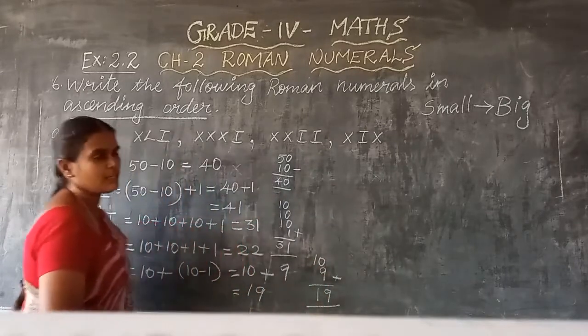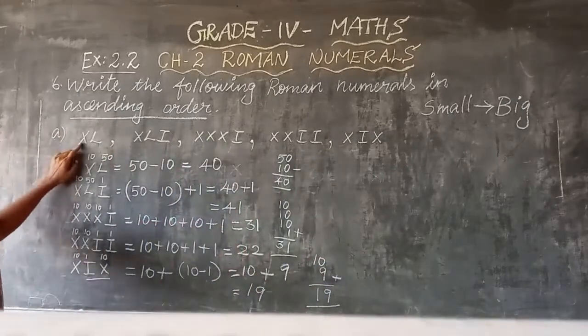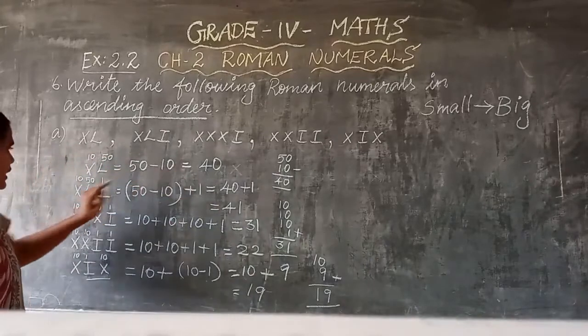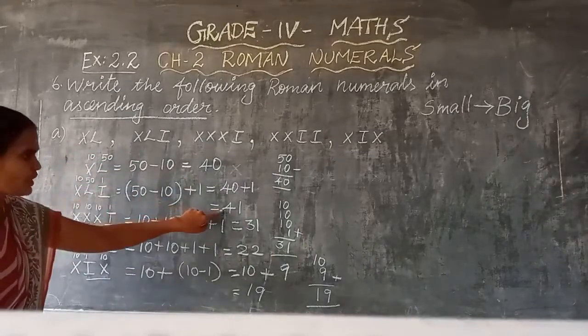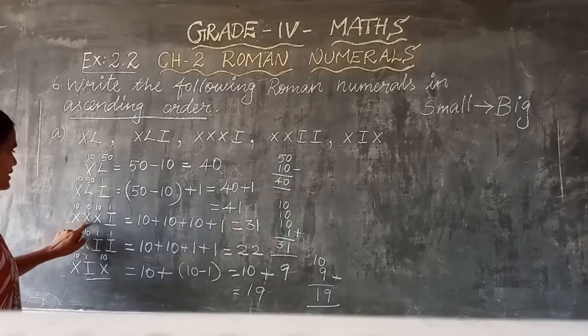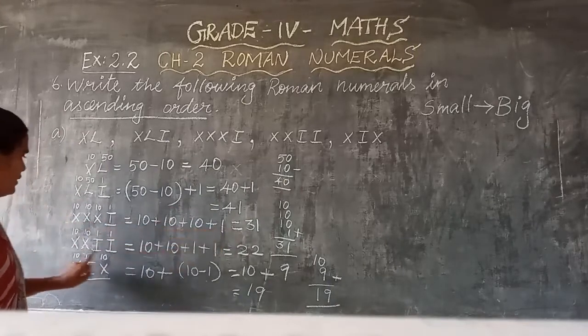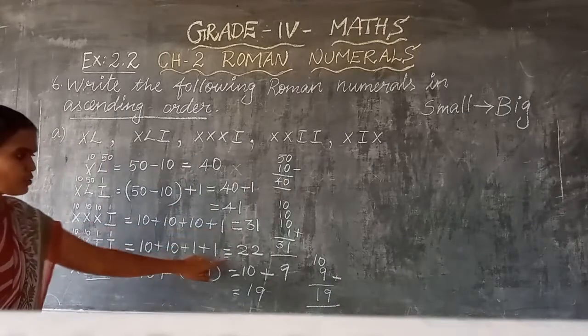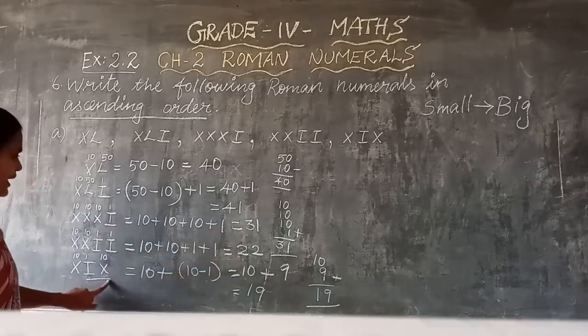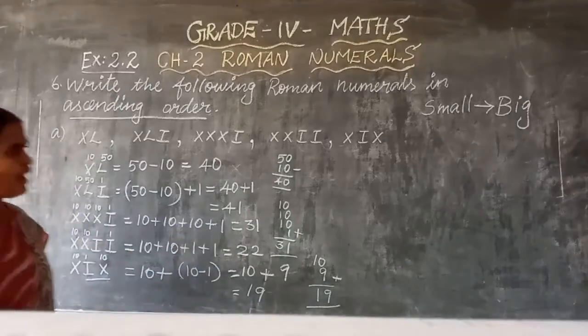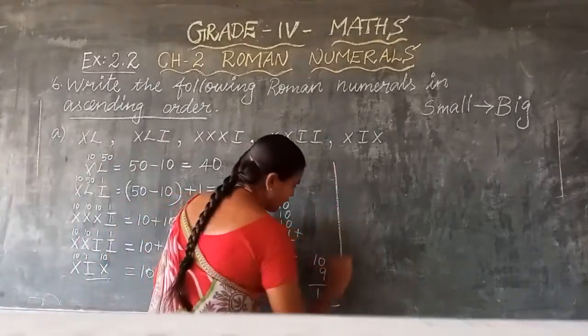So 19. See here. XL means 40, XLI 41, XXXI 31, XXII 22, XIX 19. So answer in ascending order.